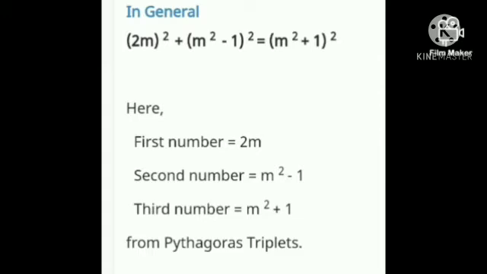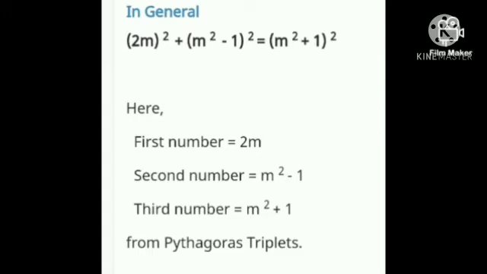What are the natural numbers? 1, 2, 3, 4, etc. So you want to consider a natural number that is greater than 1, not 1, greater than 1, means 2, 3, 4, 5, etc. So we have a result like this: (2m) whole square plus (m square minus 1) whole square is equal to (m square plus 1) whole square.